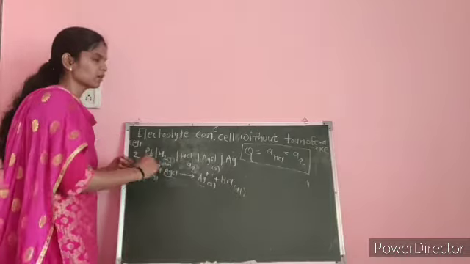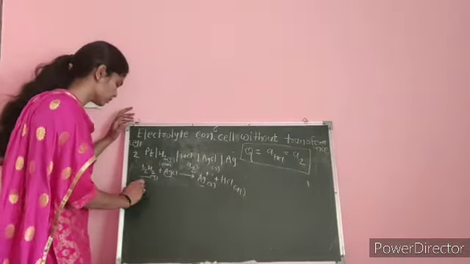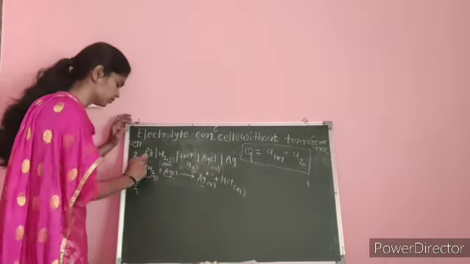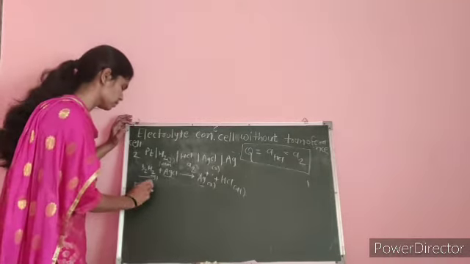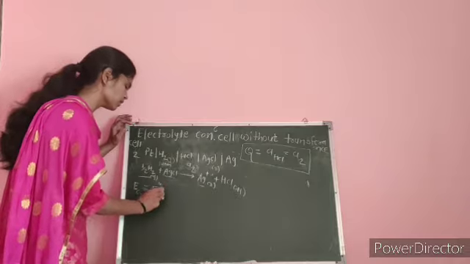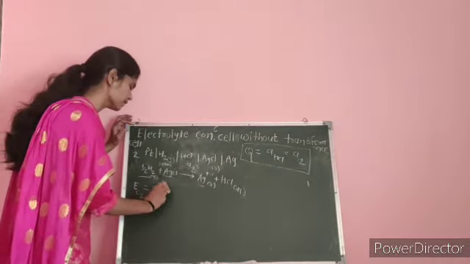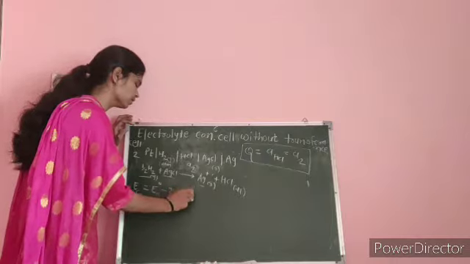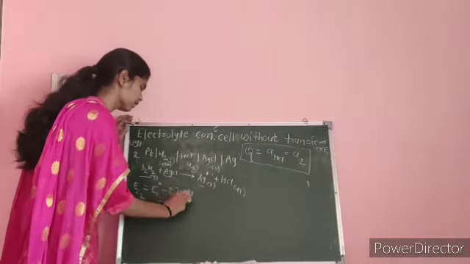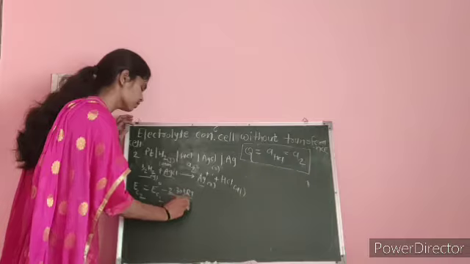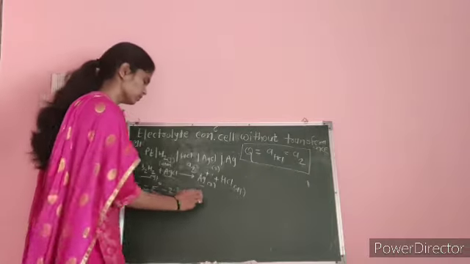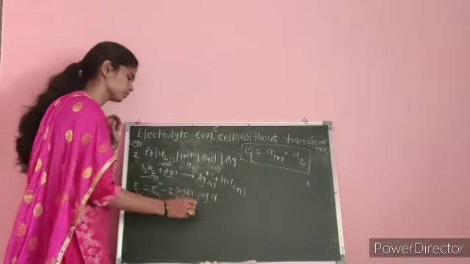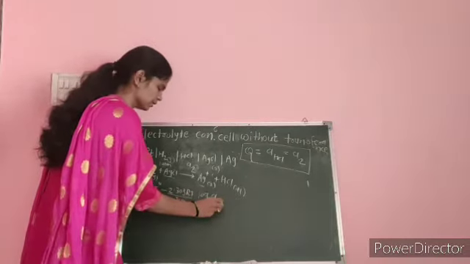Now this value is put in the Nernst equation. What is the Nernst equation? E cell of the second cell, EC2, is equal to E naught C2 minus 2.303 RT upon NF log to the base 10 of the reaction quotient Q, the activity of HCl.